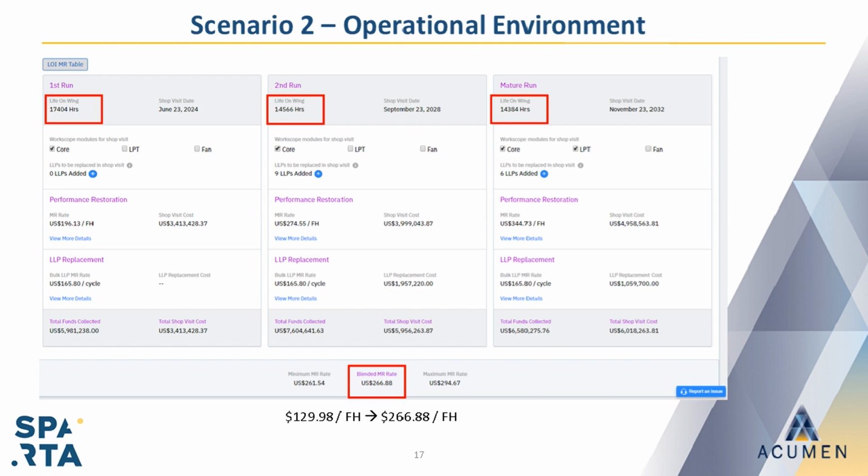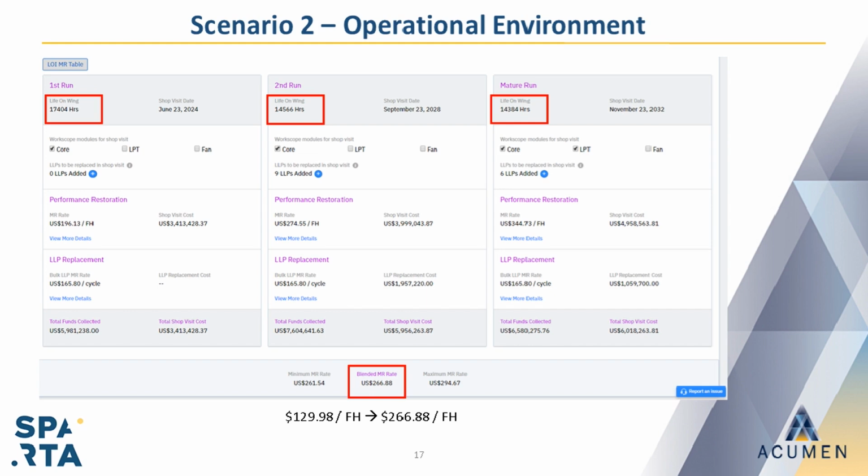Due to the lower number of cycles operated, the first shop visit in the Middle Eastern operation is for a core-only work scope. However, the shop visit cost, due to the higher expected scrap rates, is actually more than it would be for a core plus LPT work scope in Europe, up to $3.4 million from $3.3 million.